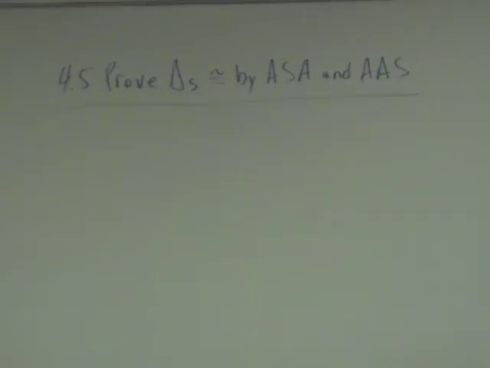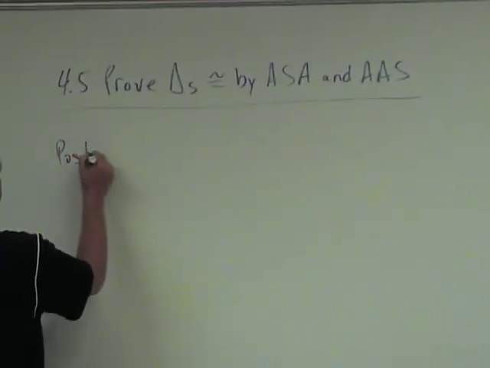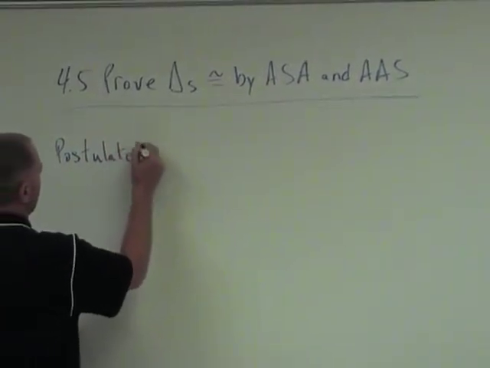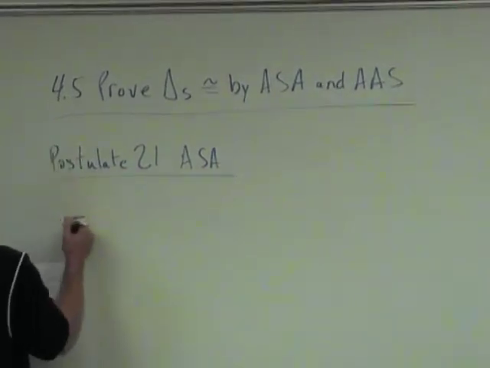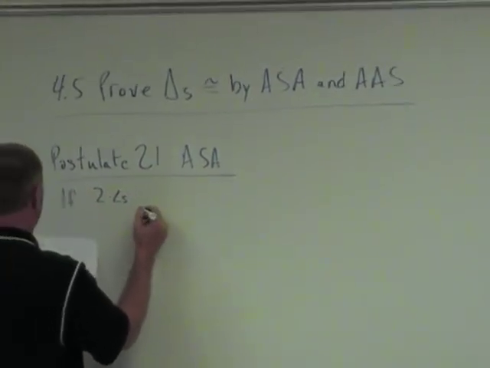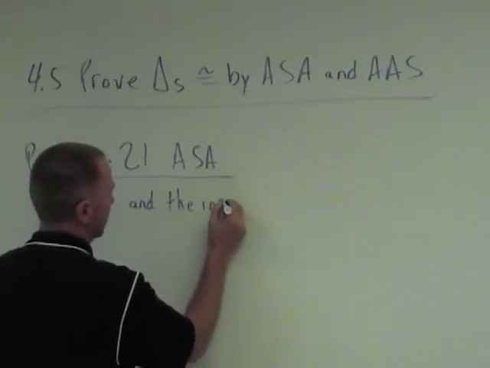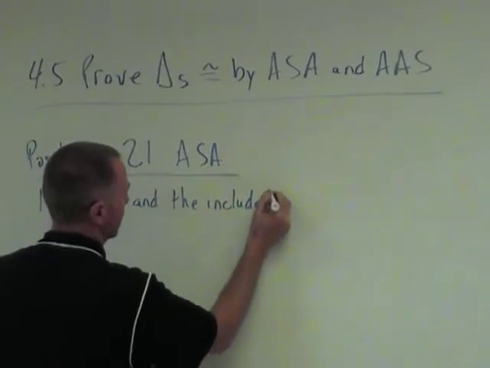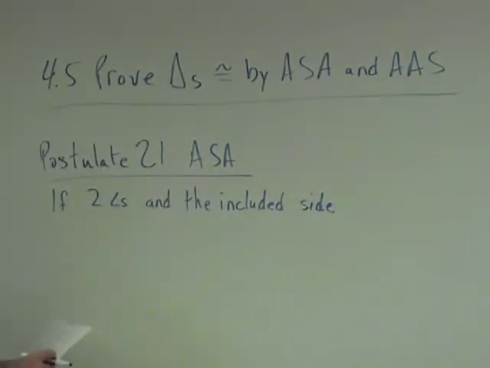Okay. Alright, so postulate 21 is angle side angle. If two angles and the included side, it's important that you get that it's included between the two angles.